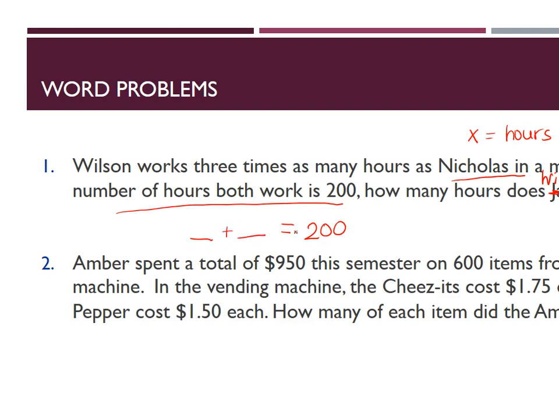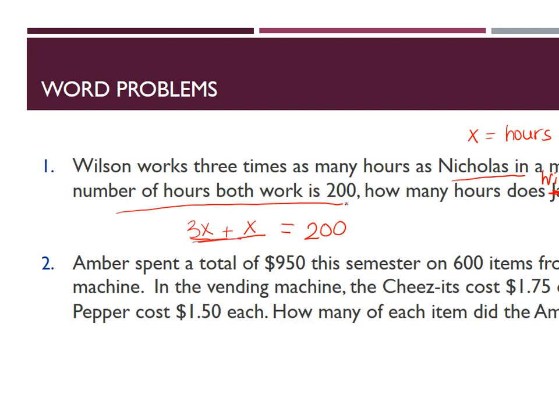To give us a total of 200 hours. Well, we don't know how much either of them works. We said that Nicholas works x hours. Well, Wilson works 3 times as many hours as Nicholas. So he's whatever x was times 3. So 3x.